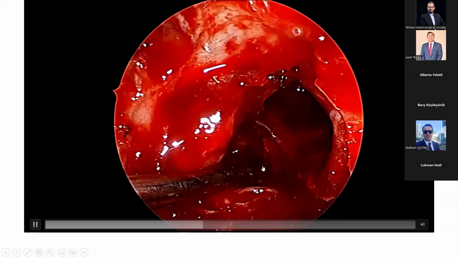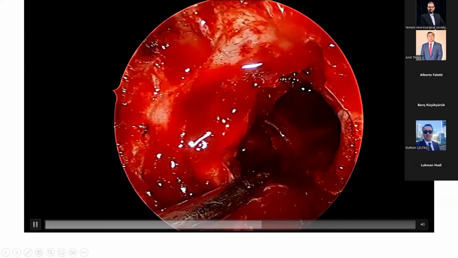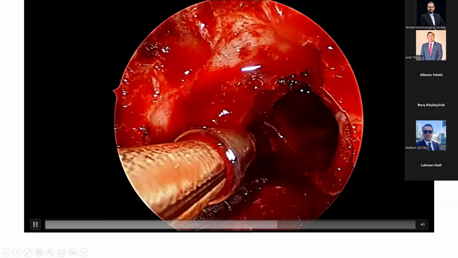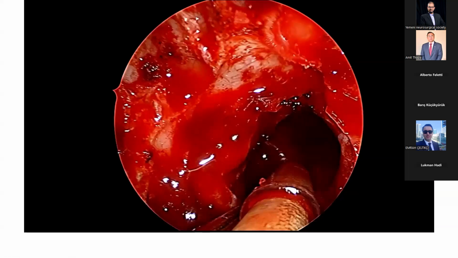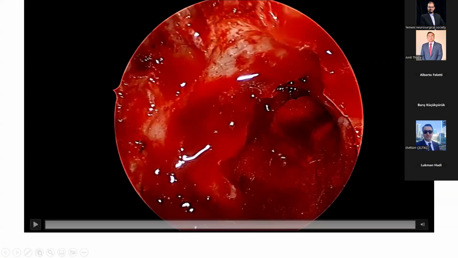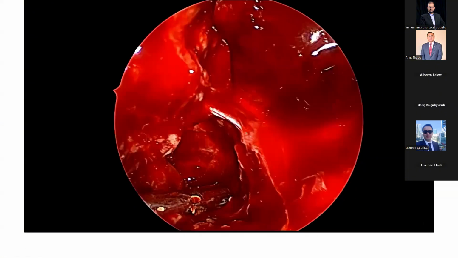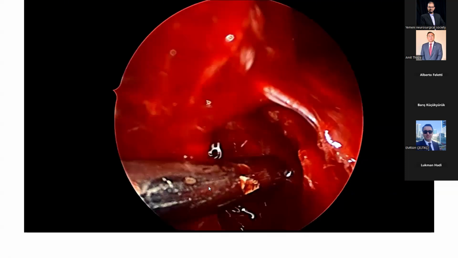This bleeding is not coming from here. Bleeding is coming from here. This is venous bleeding. So you see, it's bleeding like that. When we apply hemostatic agent, the venous bleeding is nearly every time easy to manage. You see again the cranial nerves.